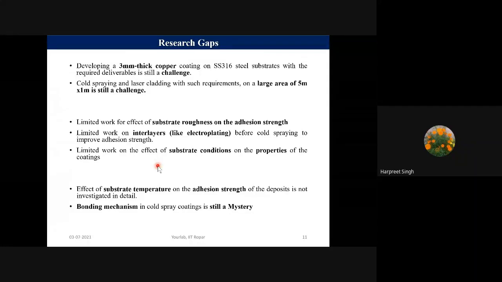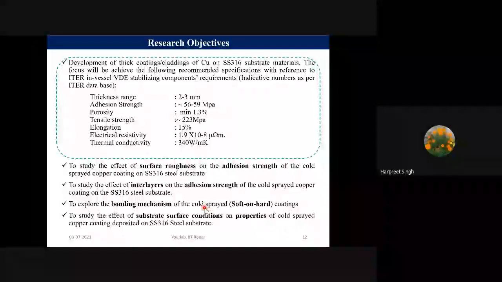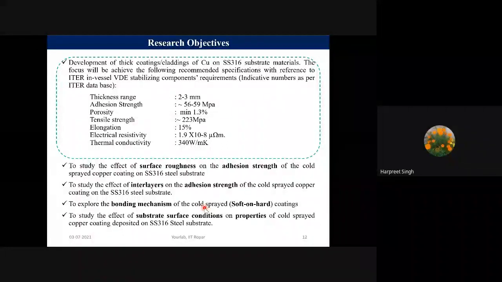He was an expert in our panel, so he said, "Why not we try this?" It's like using some kind of bond coat between two layers, right? So we tried that also, and some interesting results were found. And of course, substrate temperature on adhesion strength and so on, and bonding mechanisms are still not formed, I would say. These were the research objectives.